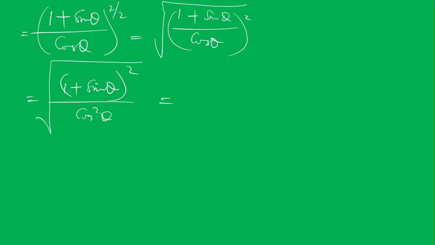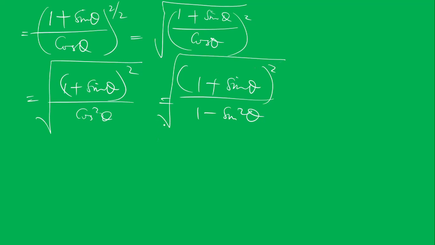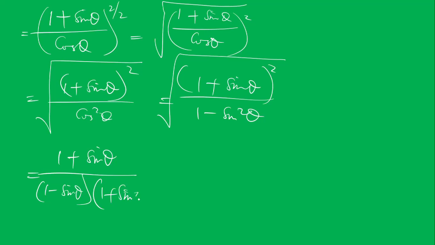Now, we can change cos square theta to 1 minus sine square theta, with 1 plus sine theta all squared, then taking the square root. So the whole of this gives us this expression: 1 plus sine theta divided by 1 minus sine theta, bracket open 1 plus sine theta.